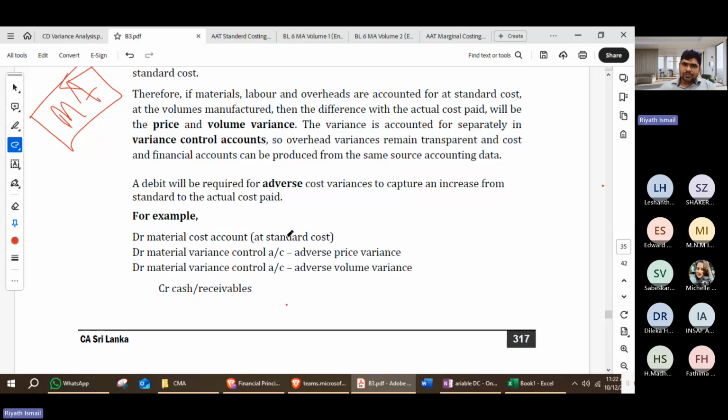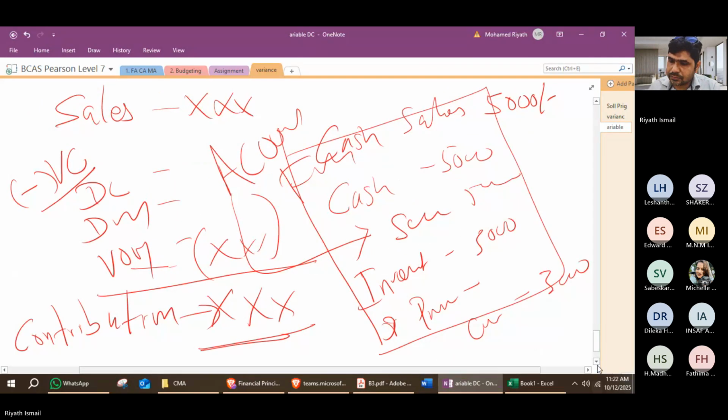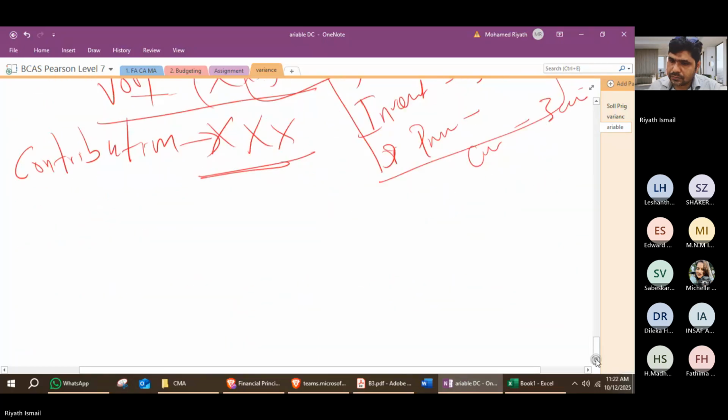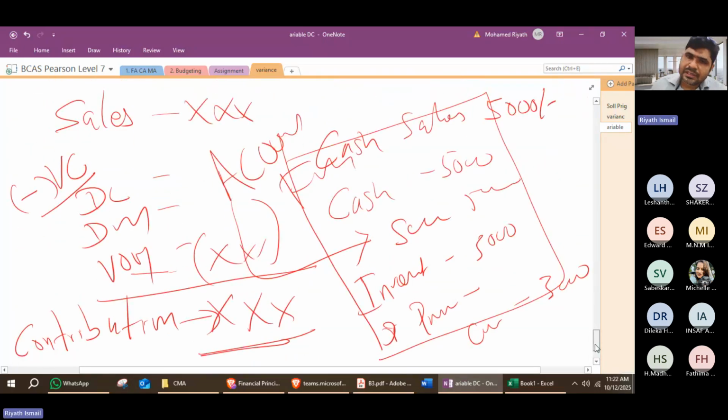Material cost account. This is normally standard cost, right? In these double entries, are the figures recorded in actual terms or budgeted values in a financial accountant's records, estimated value or actual figure? Actual.